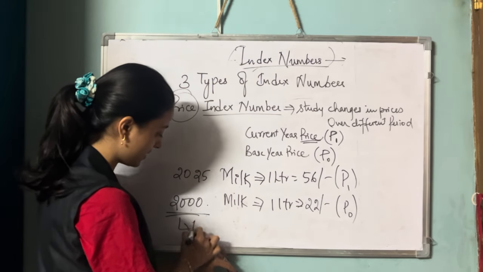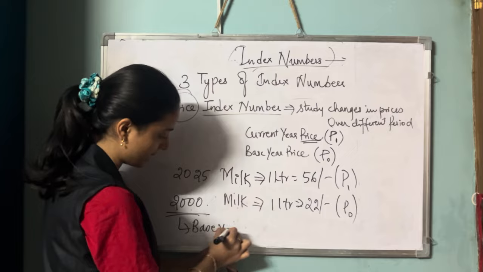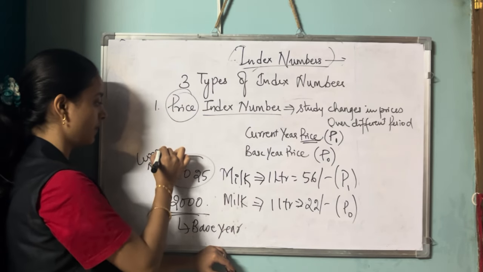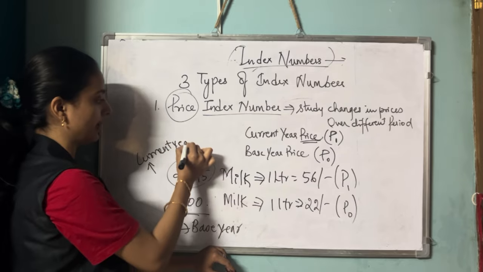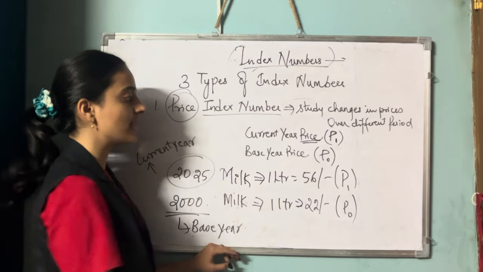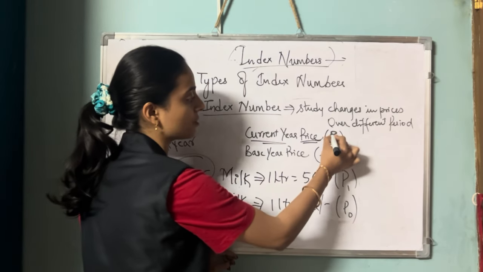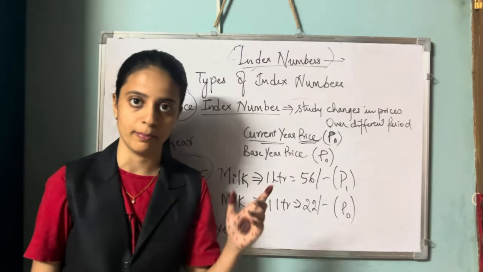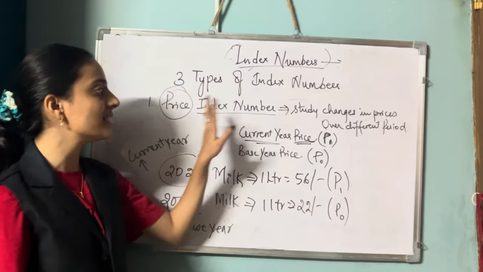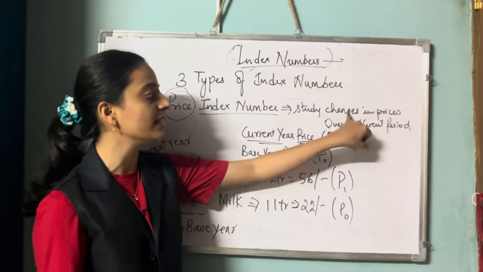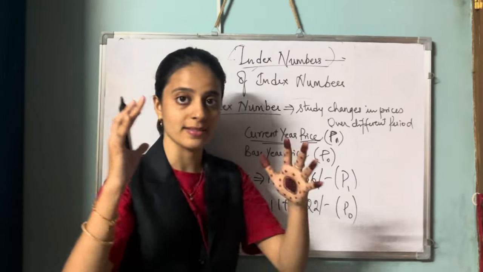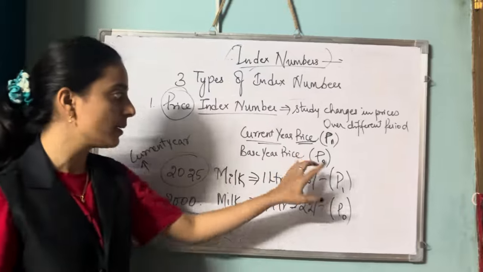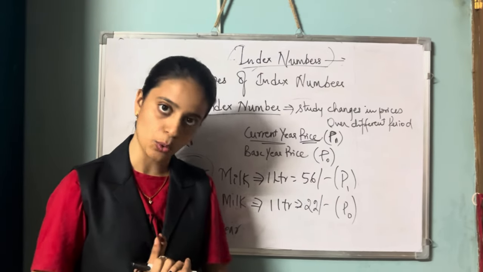This previous year becomes our base year and this becomes our current year. Okay, is that clear? Current year is always denoted by P1, base year is always denoted by P0. In price index number, what do we study? We study the changes that are happening in the prices over different year periods, by P1 and P0.